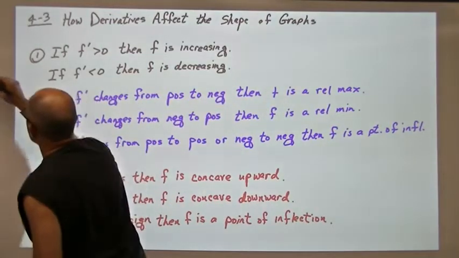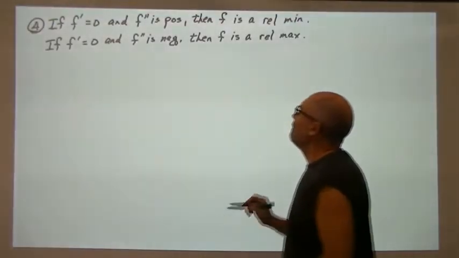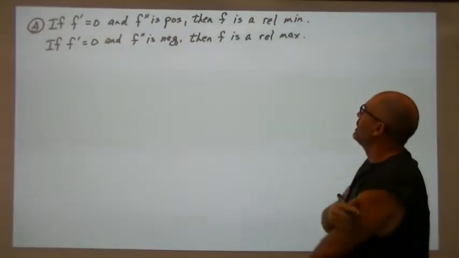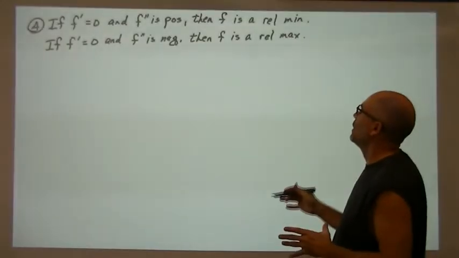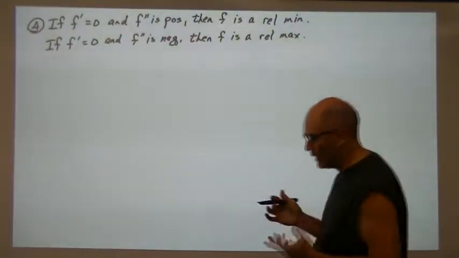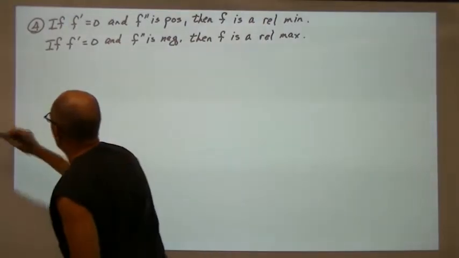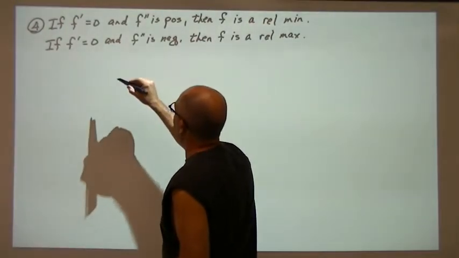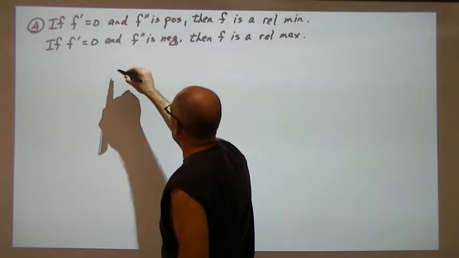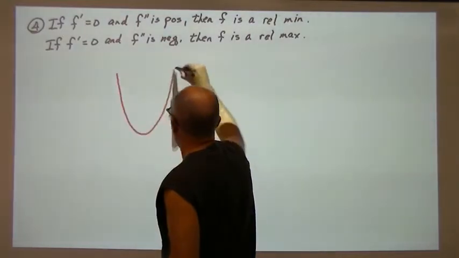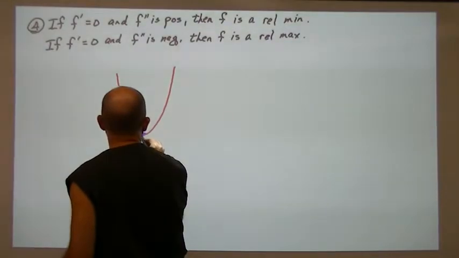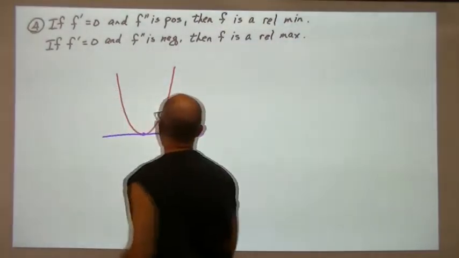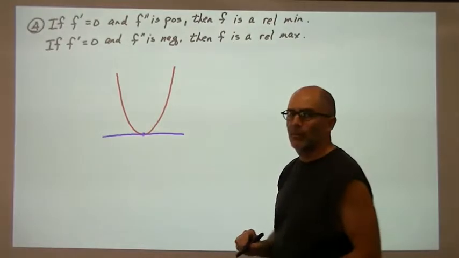Next, if f prime equals 0 and f double prime is positive, then f must be a relative min. What's that look like? F prime is 0. That means the slope of the tangent is 0.